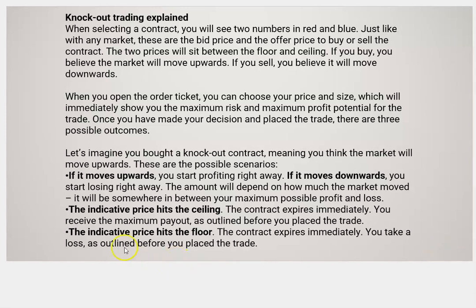The other thing you could do is the indicative price hits the floor, so the contract expires immediately. You take a loss as outlined before you place the trade. So you know what that loss is.